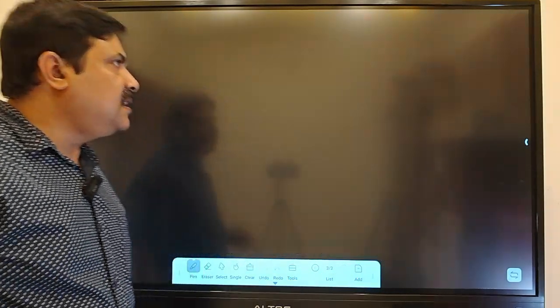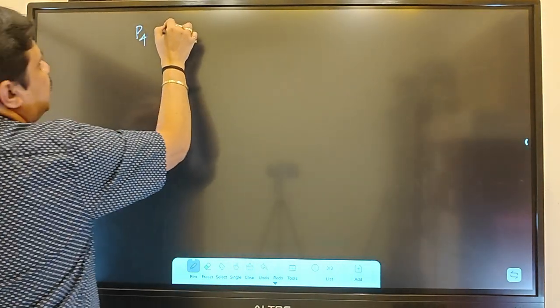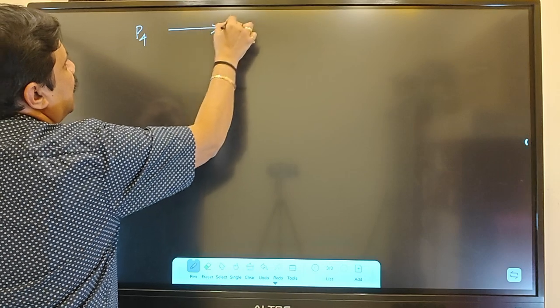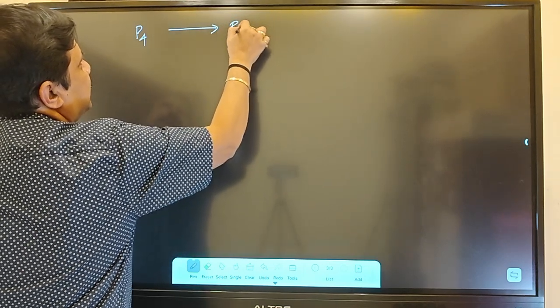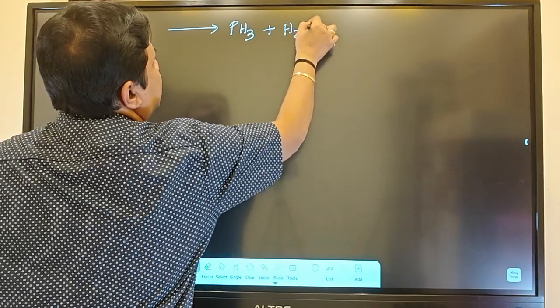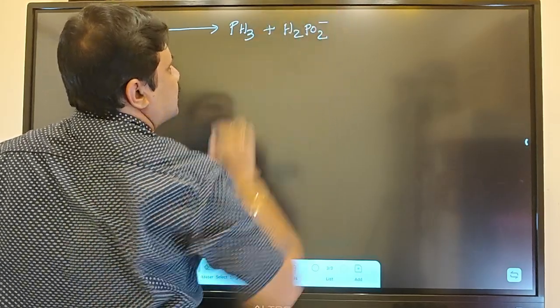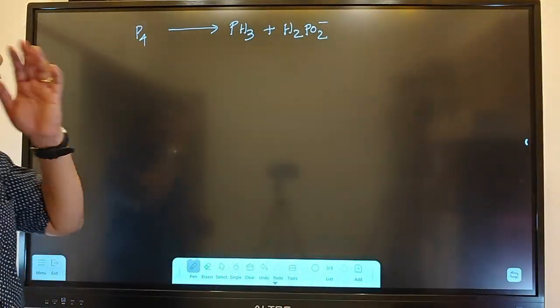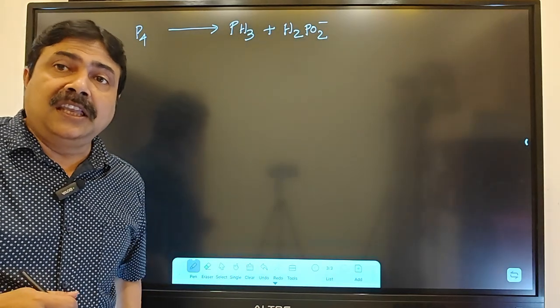Here they are giving a disproportionation reaction: P4 is converting to PH3 plus H2PO2 minus. I need to balance this reaction in an acidic medium.